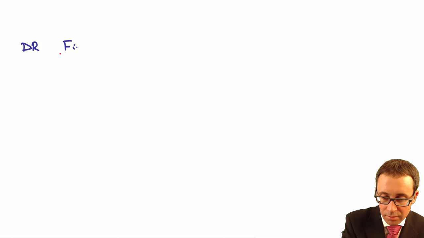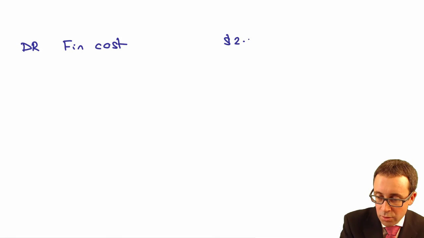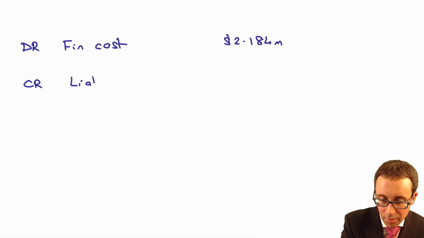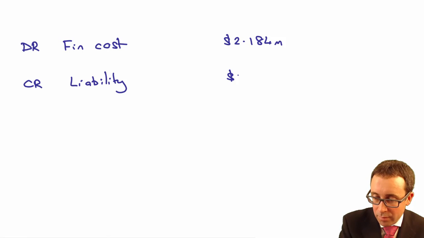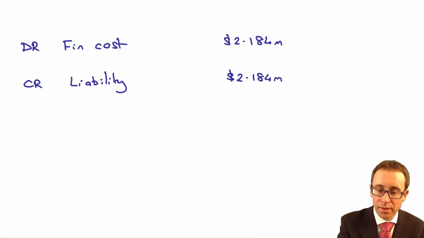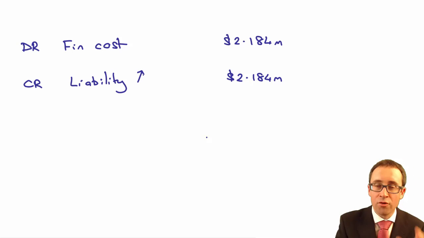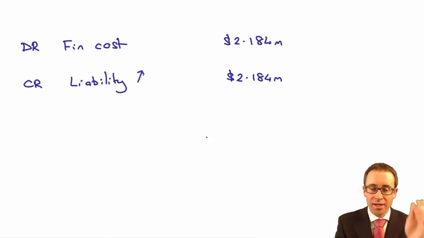So what we would do there is debit your finance cost with the 2.184 million, and credit the liability with the 2.184 million. So I have increased the liability, haven't I?